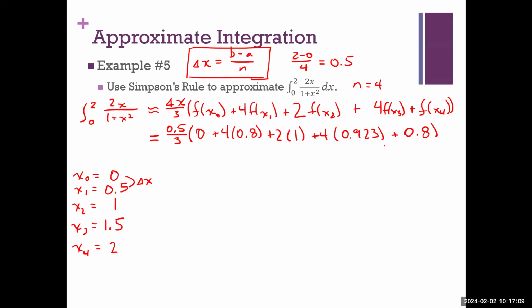Okay. All right. So any questions about the way we populated this, the way we filled in all the values? If we're okay with that, can I get a final result?